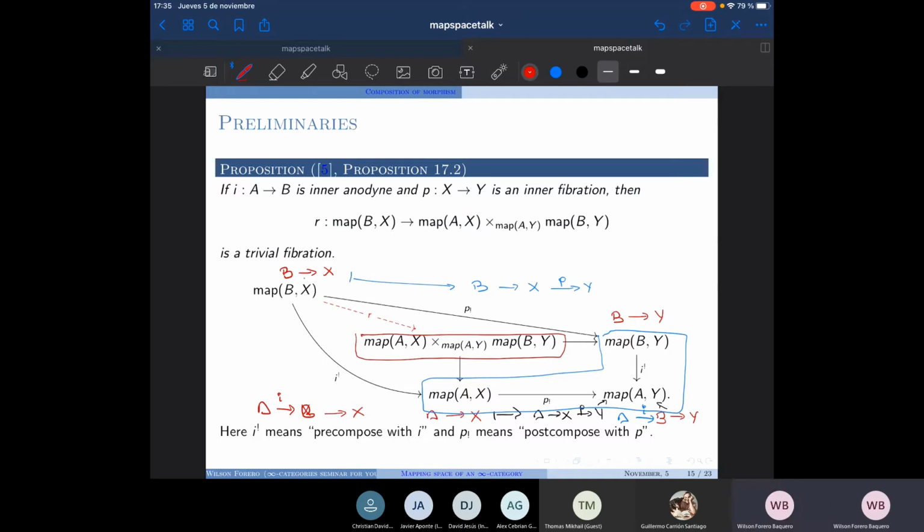Since this is a pullback, there exists a unique arrow from the mapping space from B to X to the pullback. Okay, and that is r. It's a little technical, but I hope everybody understands the idea. Okay, any question at this point?